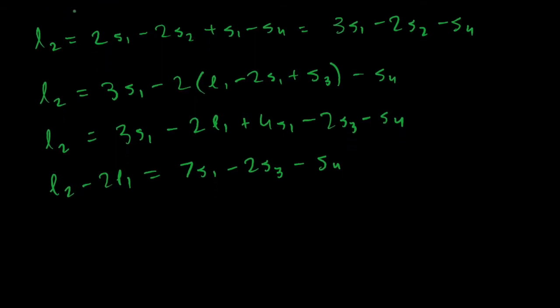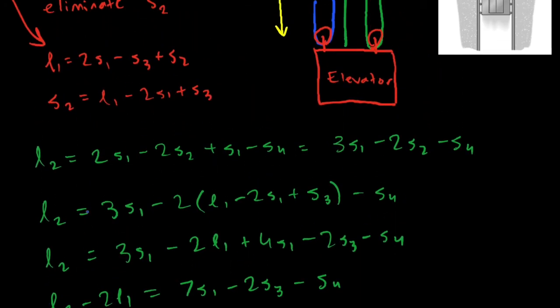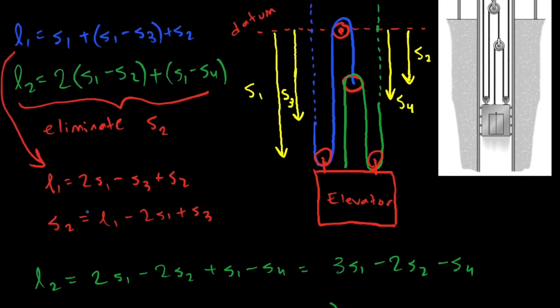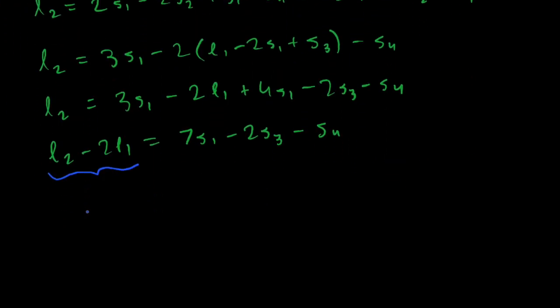So what we can do now is take the derivative of this. Well, how do we take the derivative of this? It might look a little complicated, but let's see what this means. We have the length of the green rope and the blue rope, right? If I were to ask you, you're taking the derivative of the length of these ropes, what would you say?